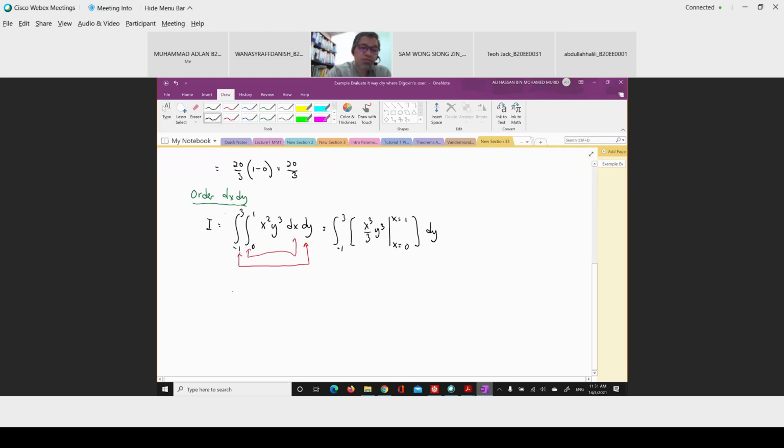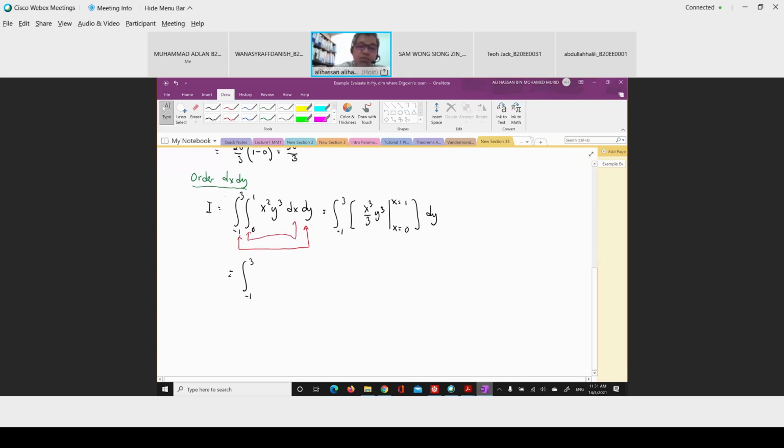We have the outer integral from minus 1 to 3. I can pull out y cubed over 3, then x cubed, 1 cubed minus 0 cubed, which is equal to 1.